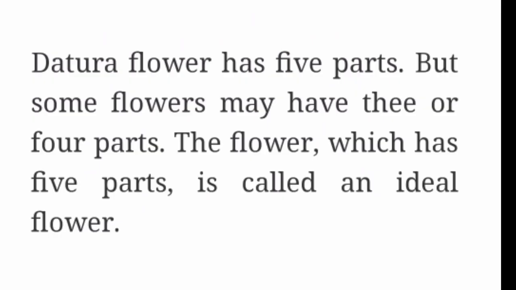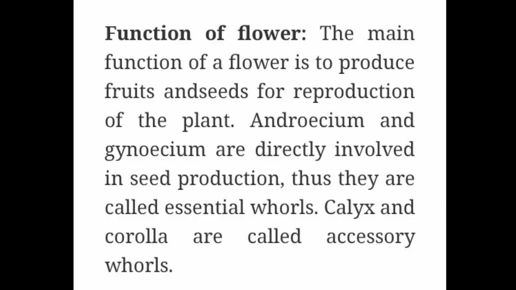Just now we observed Datura flower, which has 5 parts, but some flower may have 3 or 4 parts. The flower which has 5 parts is called an ideal flower, which I have just shown to you. Very nice angel trumpet flower. It is a genus Datura.